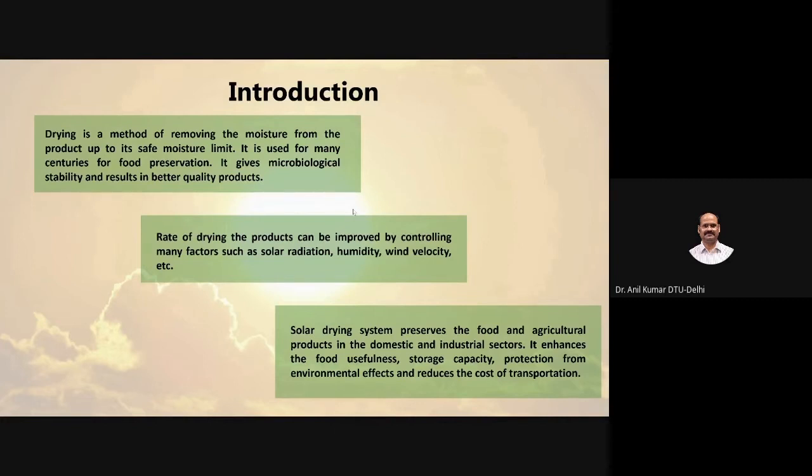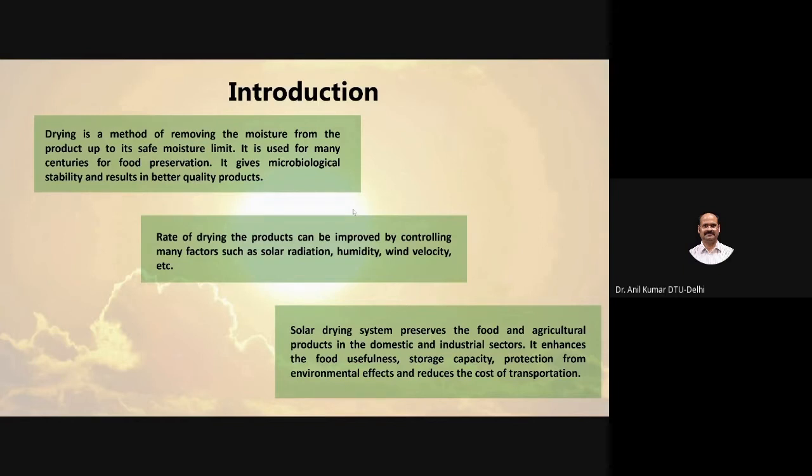So this much moisture removal is required, whether on a wet basis or a dry basis; that is the major way of measuring the moisture content. If the moisture content is higher than the desired level, definitely microbiological instability will be there. And the rate of drying of the product can be improved by controlling the solar radiation, humidity, and velocity.